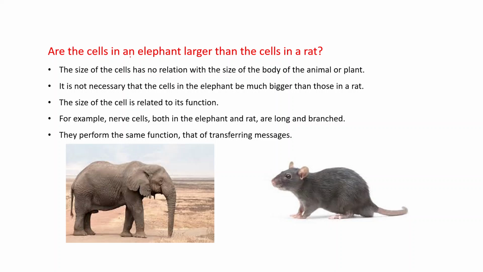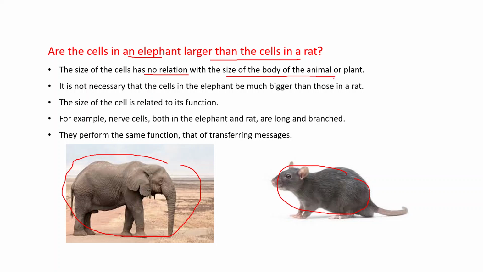Are the cells in an elephant larger than the cells in a rat? You can say that this is the elephant, very big, and this is the rat, very small. Are the sizes of the cells different in both? The size of the cells has no relation with the size of the body of the animal or plant.